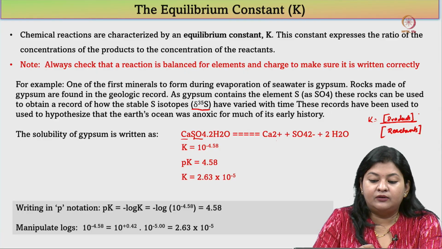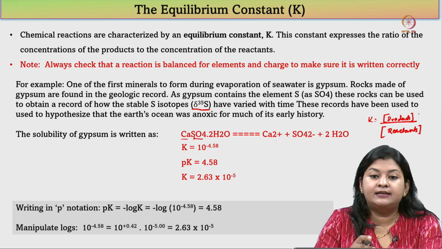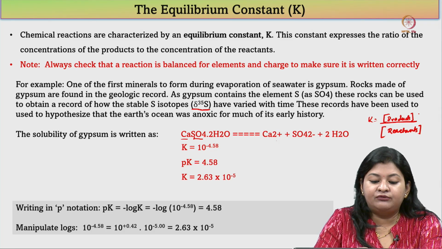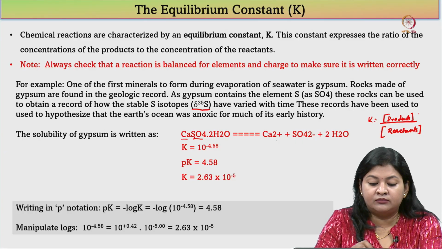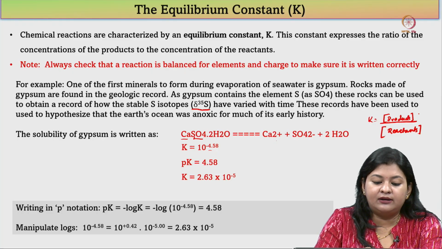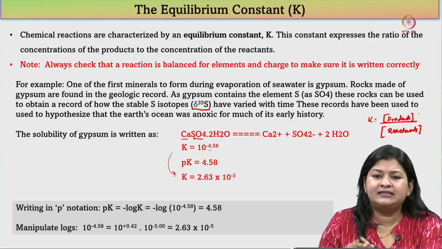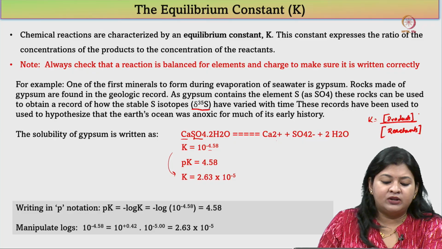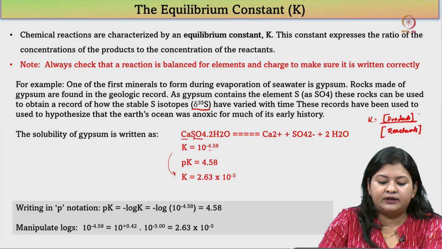Now, pK value is equal to, what is pK? That is the minus log K. Minus log K, if you take, is just the power value, so 4.58. You know, this is just for easy understanding of notations. So, the pK value is minus log K value.